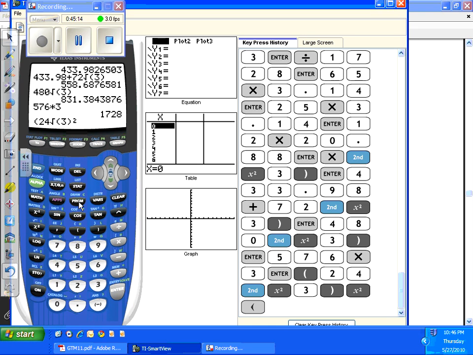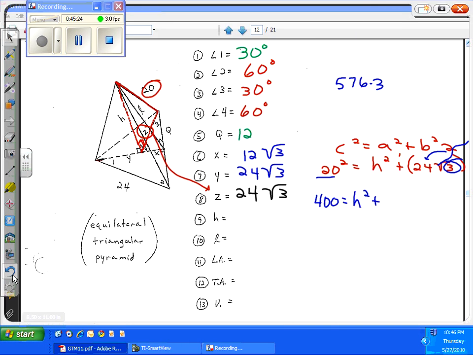I didn't close it. I need to close it again. Square. There we go. 1728. See? So when we square that, we get 1,728.